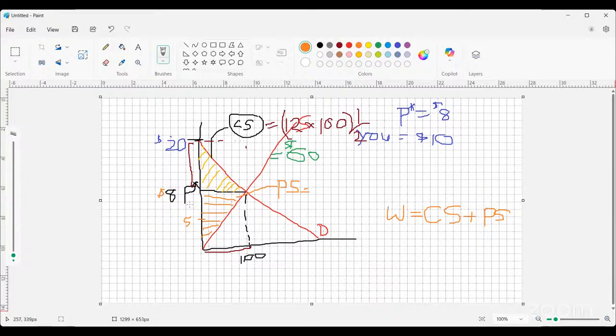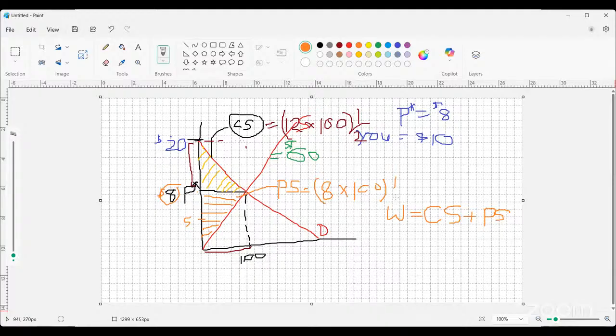Now, in this particular example, with the hypothetical numbers I took, you can see the calculated producer surplus as well. Here the difference is 8, so 8 multiplied by 100. Here also we take linear supply and demand curves.